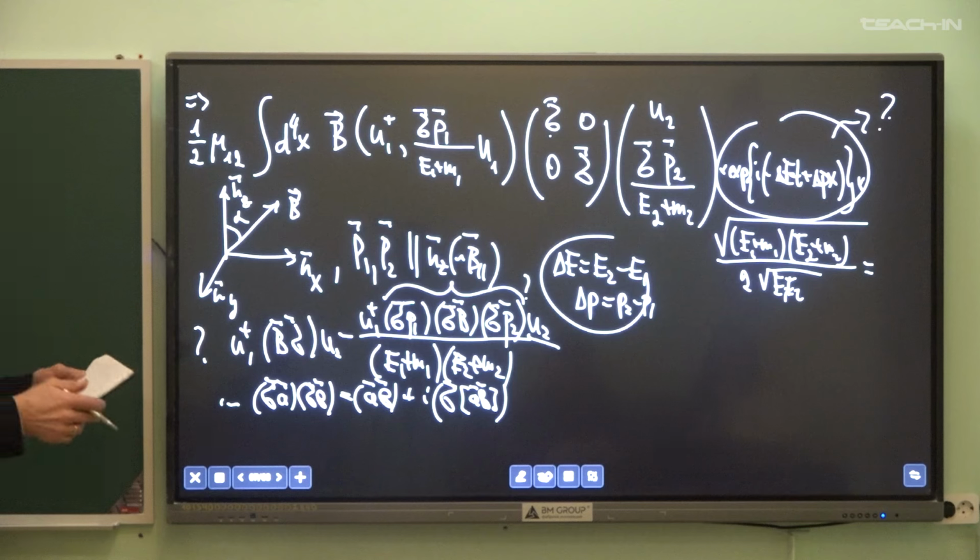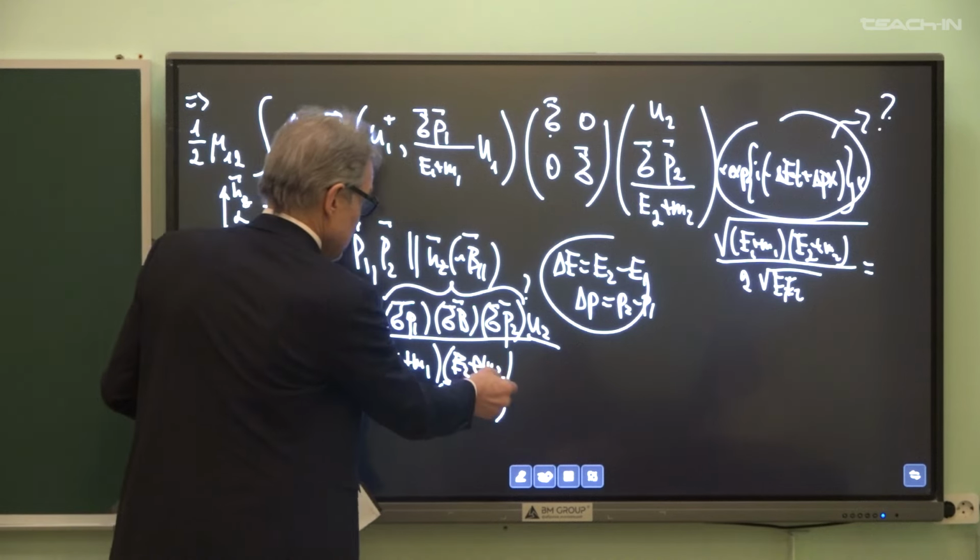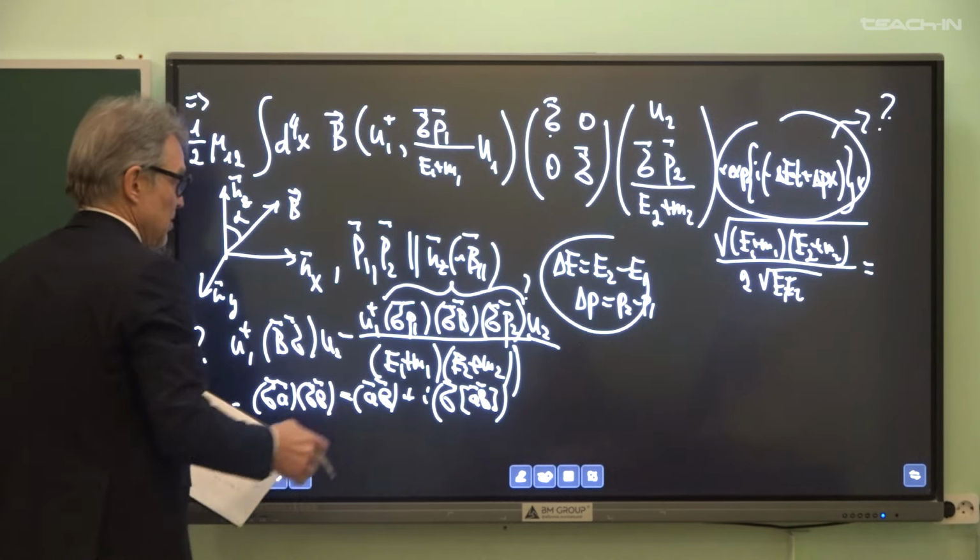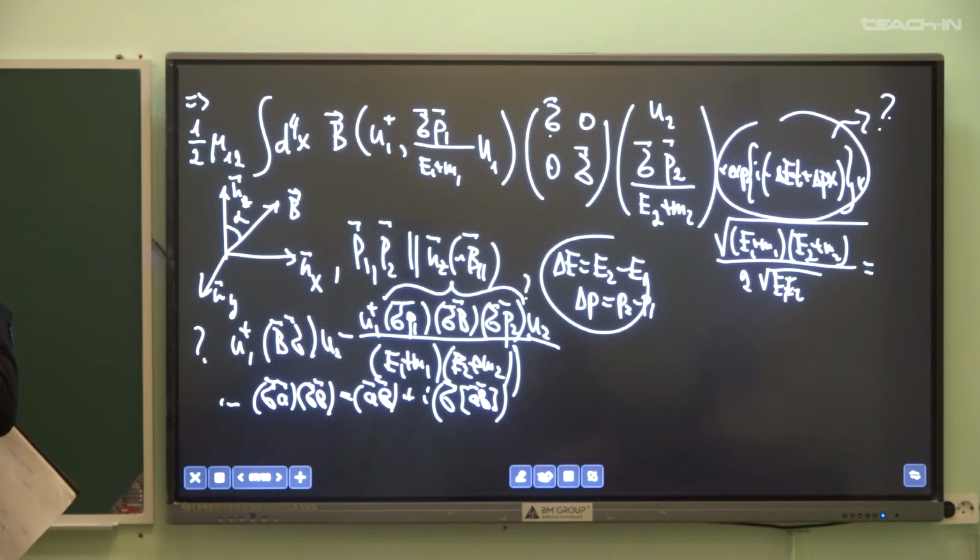And we just apply this to simplify the numerator of the second term.